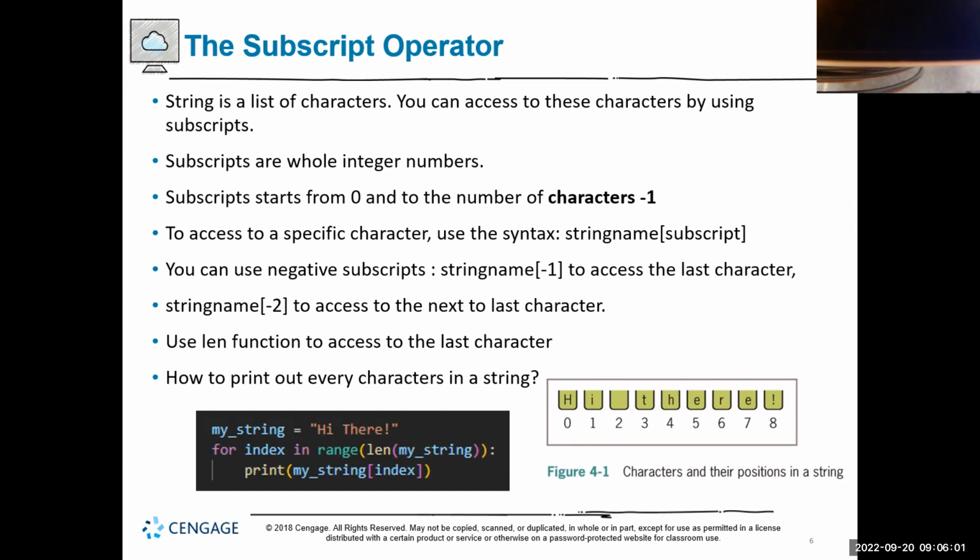When we work with the range function, we always start from 0 and go up to the last one, but not include the last one. Here the length returns 9, and when you range 9, it actually works from 0 to 8. That's why you see it print out every single character in my string with the index.